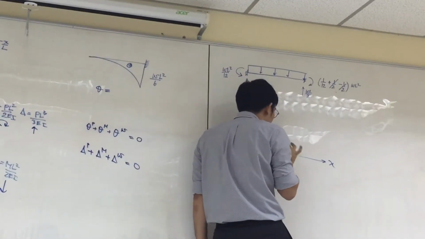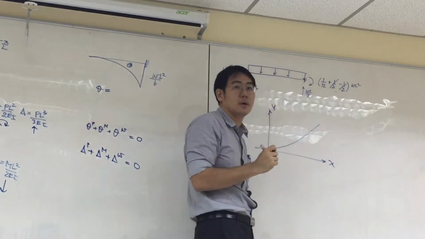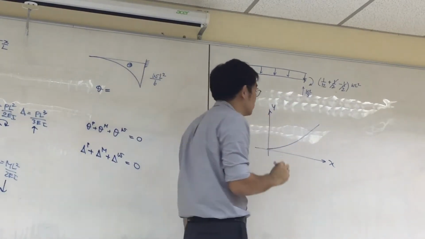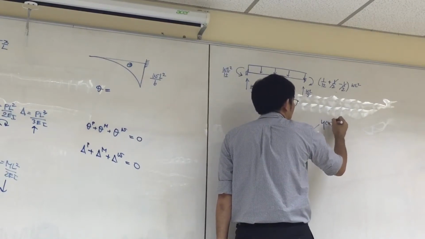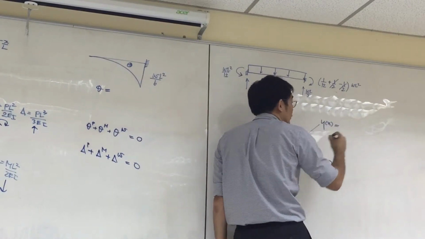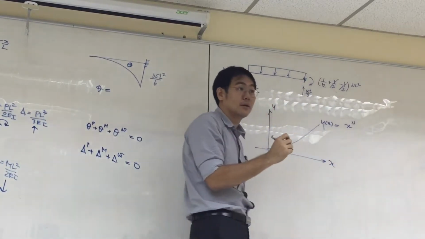X, y. You have some sort of polynomial. I don't care what this is, one polynomial, a function of y. Y is a function of x equals x to the n.